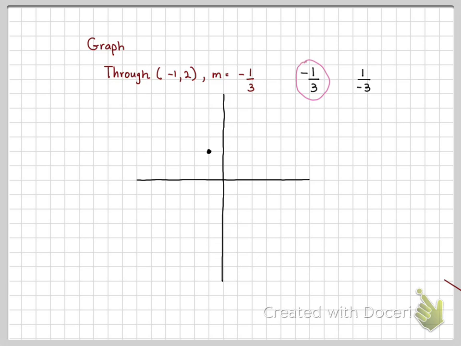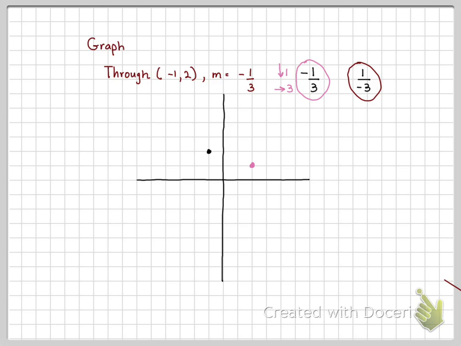Okay, where the 1 is the negative value. So that means we'll go down 1 and then right 3 and make a dot. Okay, so we'll go down 1, right 3, and here is that coordinate. Now, likewise for that slope over there.